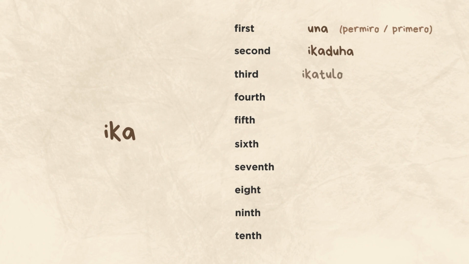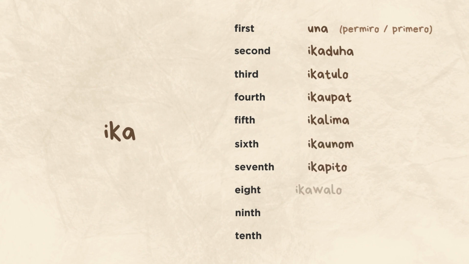Then third is ikatulo, ikaupat, ikalima, ikaunom, ikapito, ikawalo, ikasyam, ikanapulo. To form ordinal numbers beyond 10, you continue using the pattern of ika prefix followed by the Spanish loan numbers or Cebuano words for 11 to 19 and Spanish loanwords for 20 and beyond.